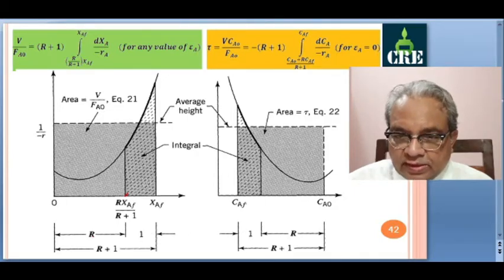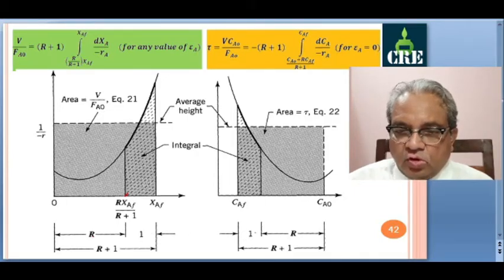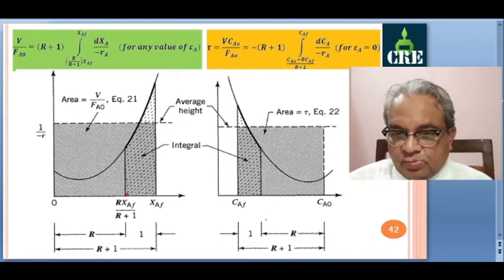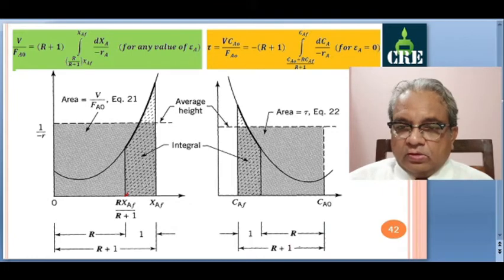So here it is decreasing, exactly the reverse. So 1 plus r. So this side represents dCA by minus rA integral, and this r into that particular thing. So 1 plus r. So in total, this is CA0 minus CAF, r plus 1, and this is r, this is 1.